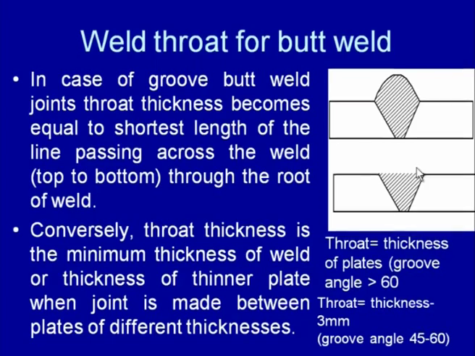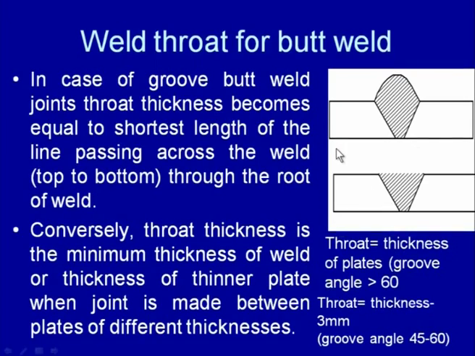So, if the top layer has been ground flush, means machined and removed, and in this situation if you want to measure the throat thickness for the groove butt weld joint, then the shortest length of line which is passing through the root and through the weld will be equal to this length, and this is almost same as the thickness of the plate.